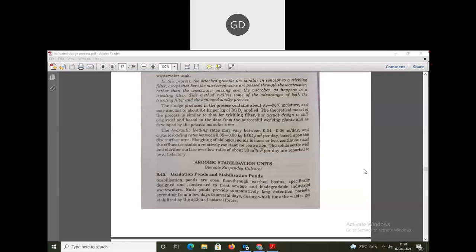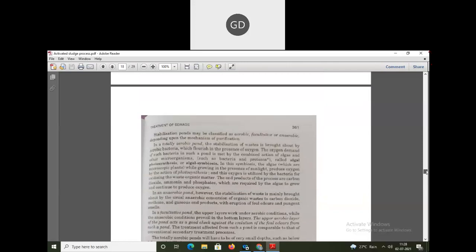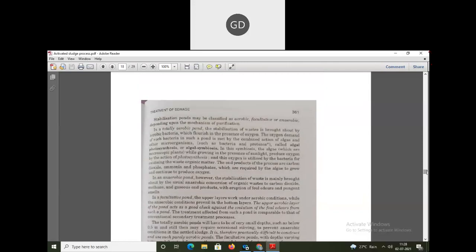During these detention periods, the waste gets stabilized by the action of natural forces. These stabilization ponds can be of different types: aerobic, facultative, or anaerobic.